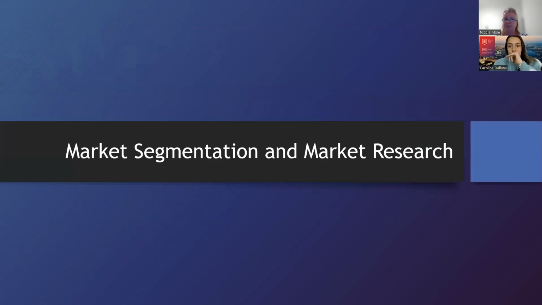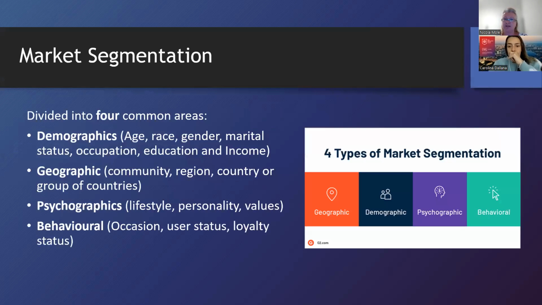Let's look at market segmentation and market research in a bit more detail. Market segmentation is breaking the market down so we can understand our customers, and we can break it down into 4 different ways: demographics, geographic, psychographics, and behavioral.